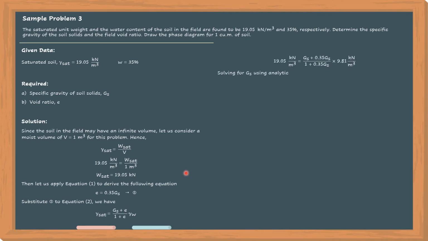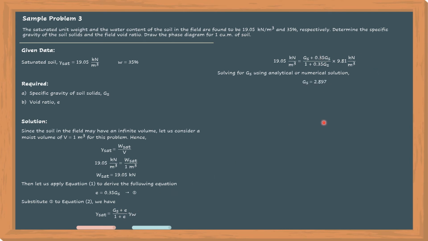And then solving for G sub S using analytical or numerical solution, with only this equation, G sub S is our only unknown. We already substituted e is equal to 0.35 G sub S in this equation. So meaning G sub S is the only unknown.